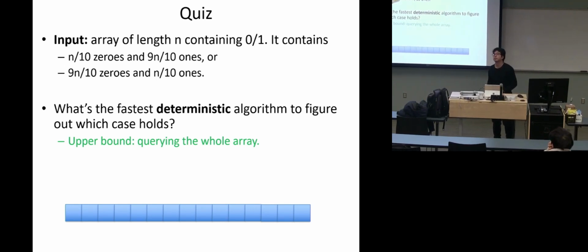2n over 10 plus 1. Because in either case, there's at least n over 10 of the lesser one. So after you query 2n over 10 plus 1 times, it's guaranteed that you'll have at least n over 10 zeros or n over 10 ones.